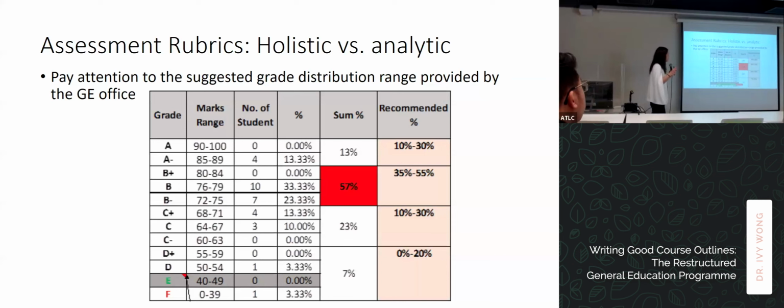So in this case, I highly encourage you, when you are designing your assessment task, to make sure that you can differentiate students from the different assessment tasks, and also pay attention to that recommended range and see if you can differentiate the better students from the students who are average.